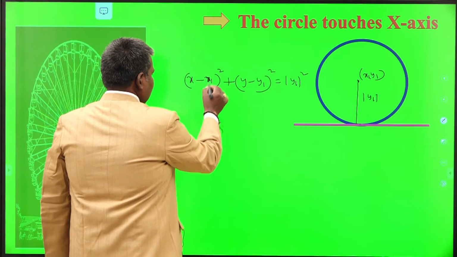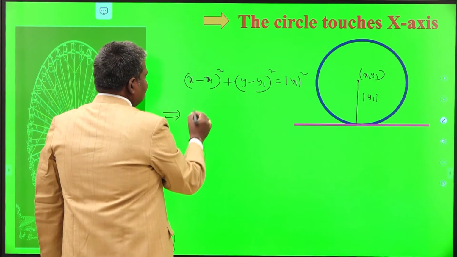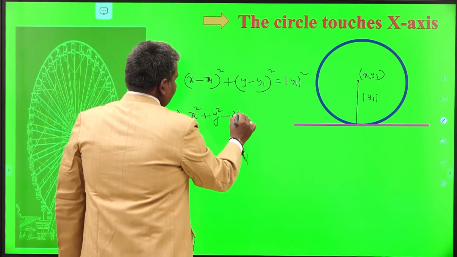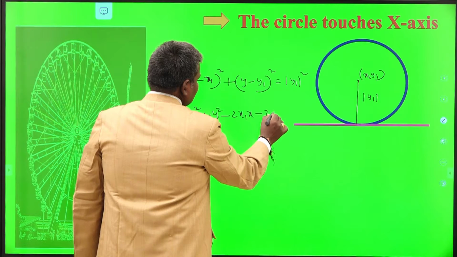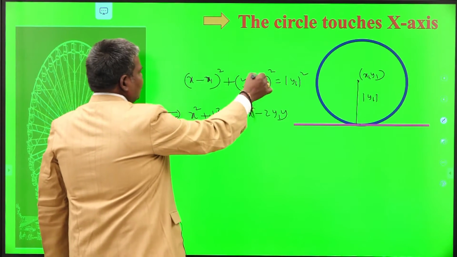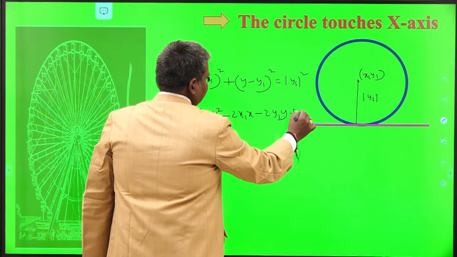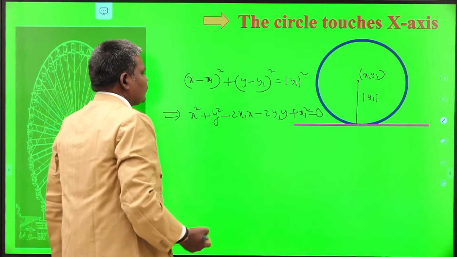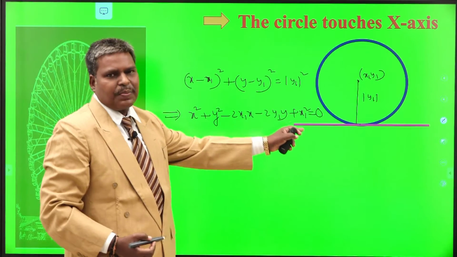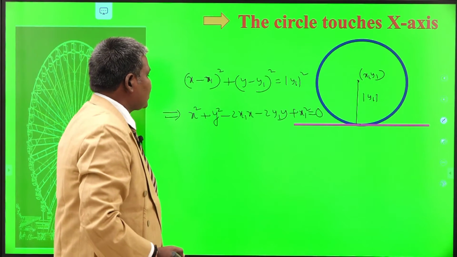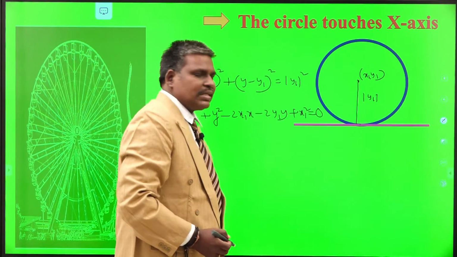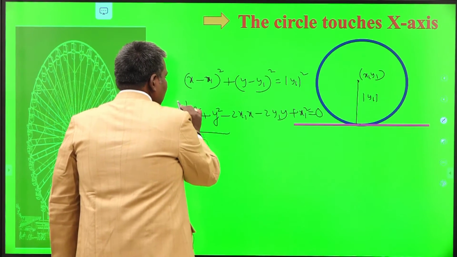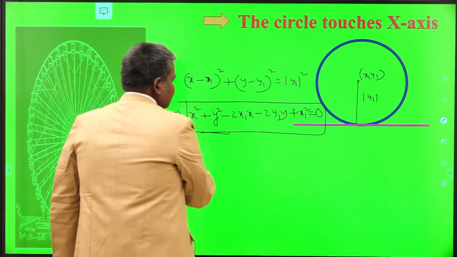On expanding this equation, what happened? x square plus y square minus 2x1x minus 2y1y plus x1 square is equal to 0. Am I correct or not? y1 square gets cancelled. We have x square plus y square minus 2x1x minus 2y1y plus x1 square is equal to 0. This is the equation of circle which touches x-axis.